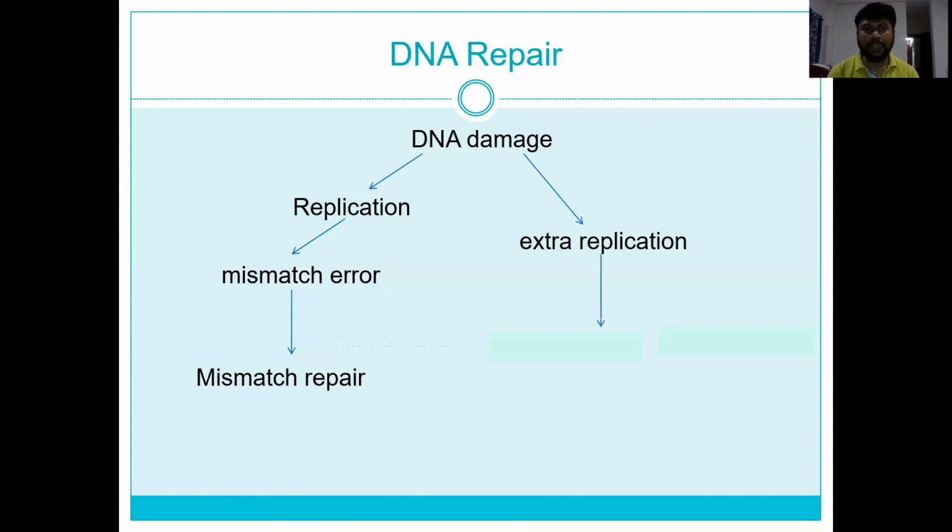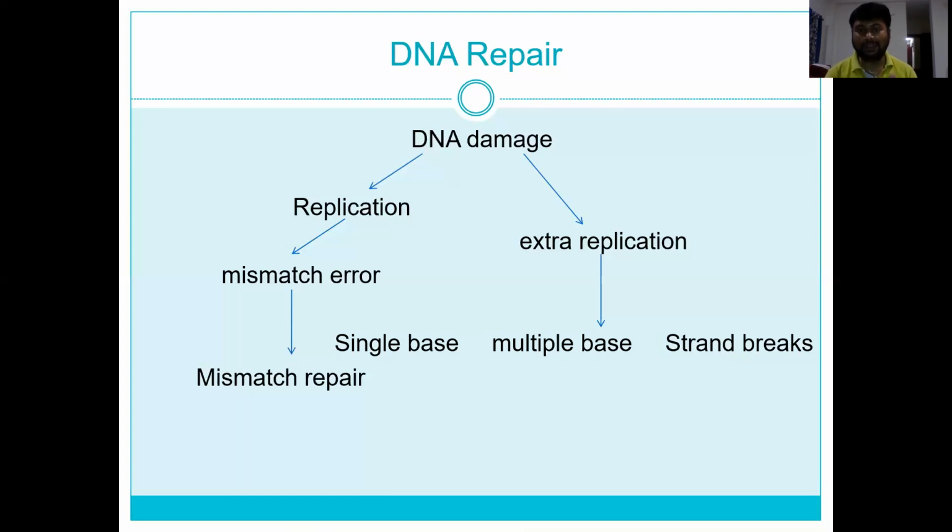First one is single base error, where only one base in a strand will be damaged. Next is multiple base error, where two or more bases of the same strand will be affected. But if bases in both the strands are affected, it leads to double strand breaks or sometimes cross linkages.